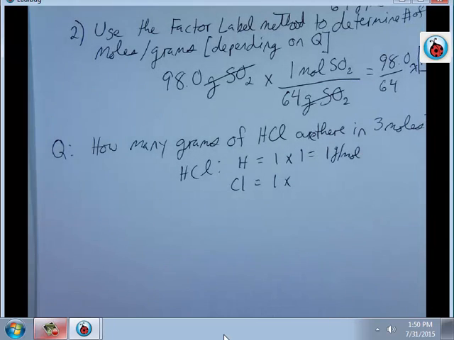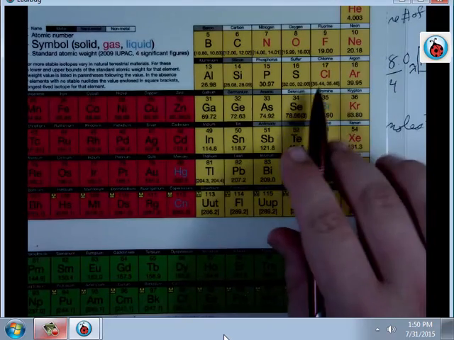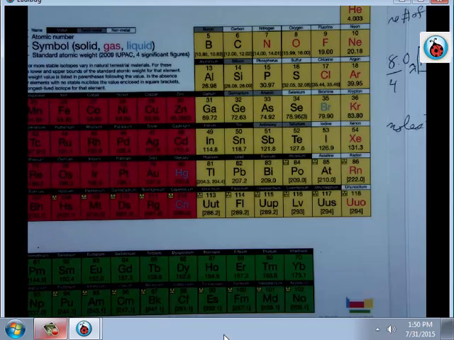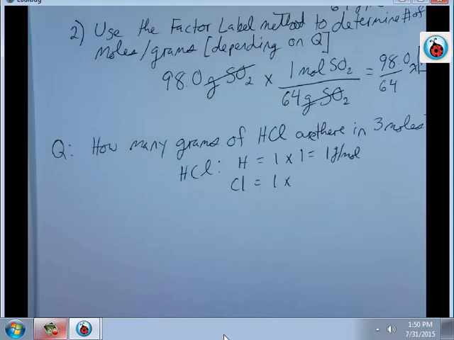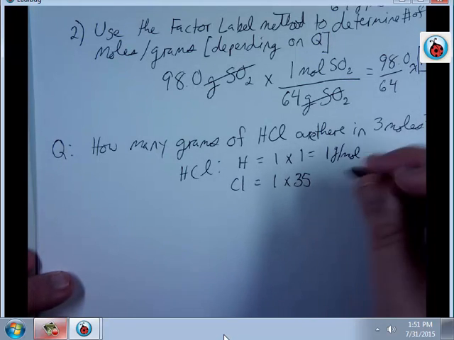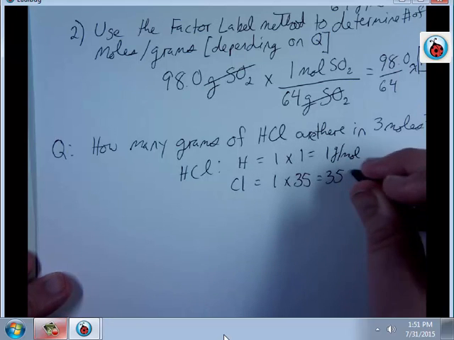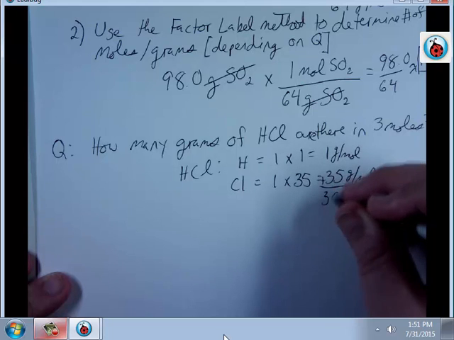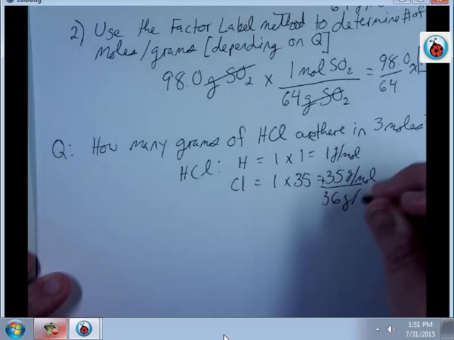And its mass looks to be about 35. Your professor will let you know exactly how much to round to. I'm just doing round numbers to keep the math fairly simple. So 35 grams per mole. And we add them up, we get 36 grams per mole.